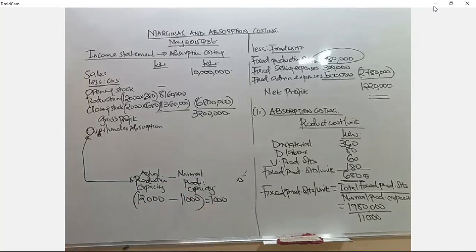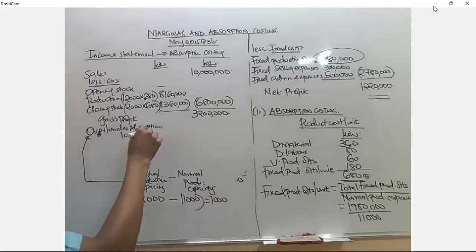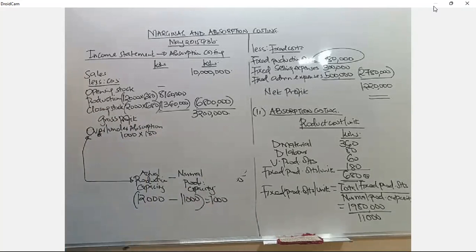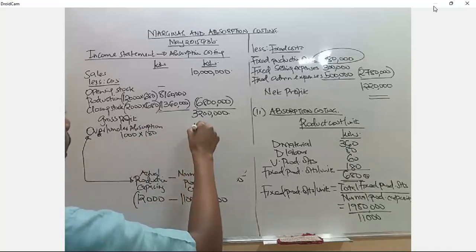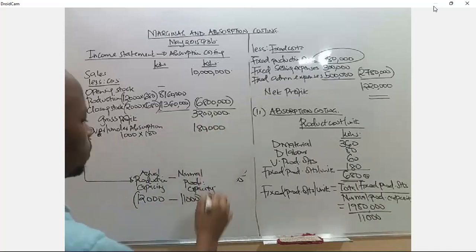That is our over absorption. So I just need to take 1,000 here, then I multiply it by the fixed cost per unit, which is 180. Once you get the number of units, you normally multiply by the fixed cost per unit. This translates to 180,000.